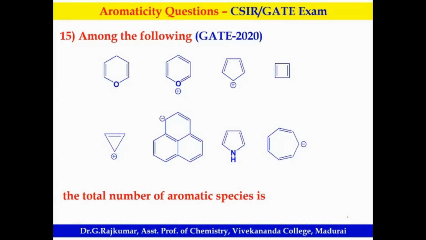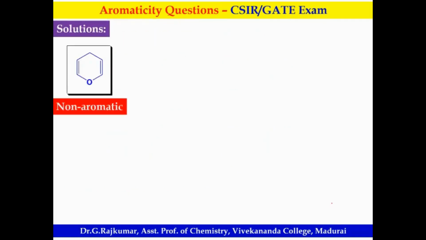I am expecting more responses in the chat box. Naveen Raja 3, Satish 4, Ritika 4, Riyaz 3. Okay, I'll show the answer. Look at this. This compound is non-aromatic because it is sp3. Still I'm getting answers. Subasti 3, 4. So the answer will be 3 or 4.